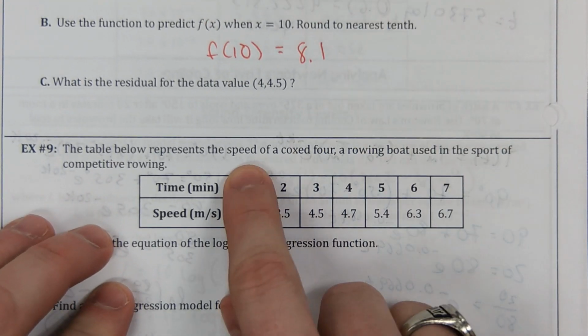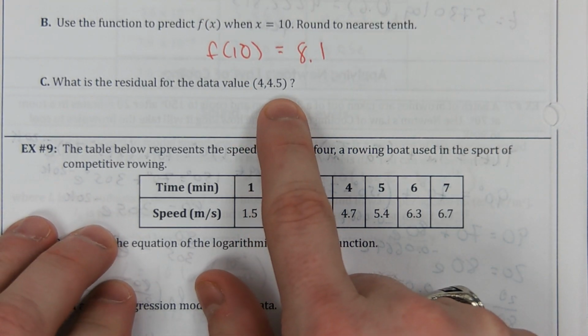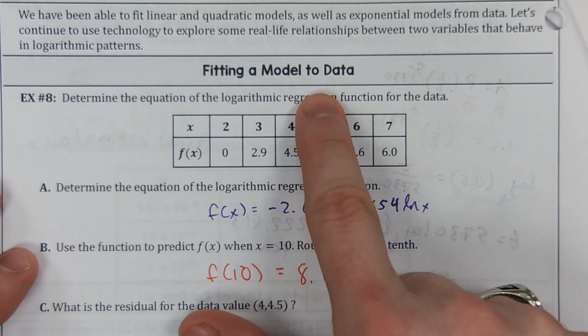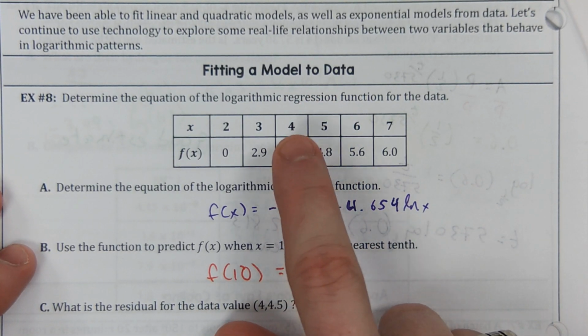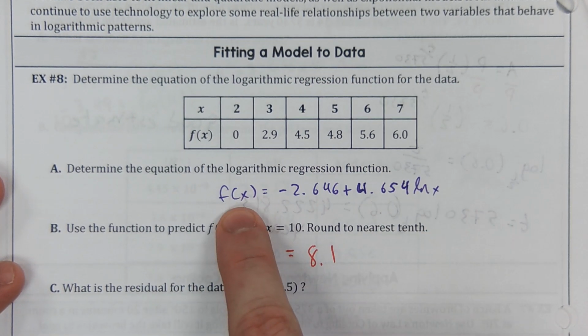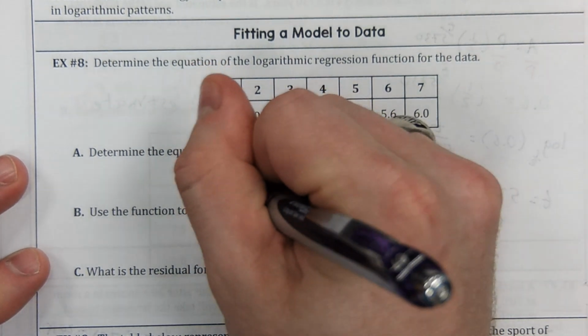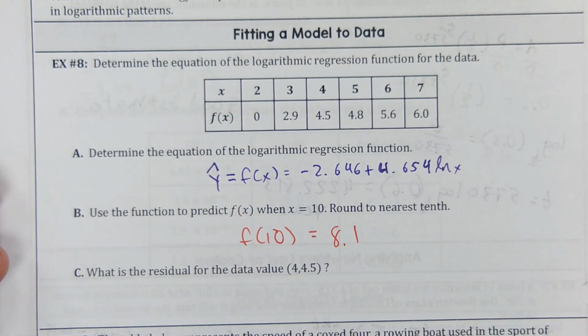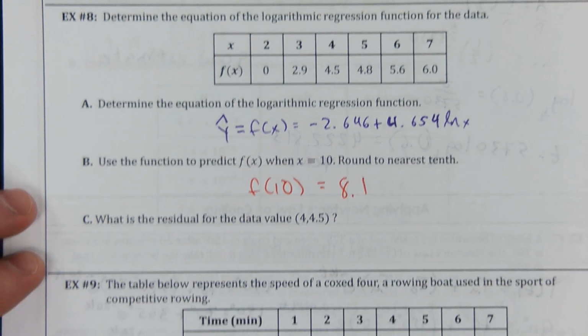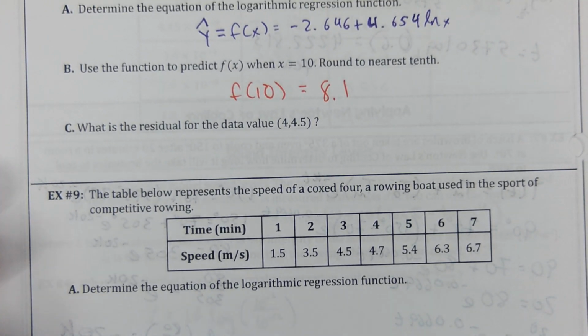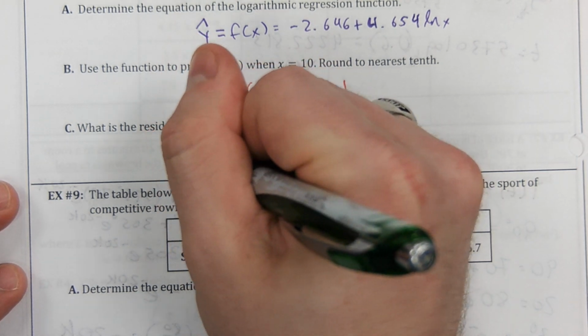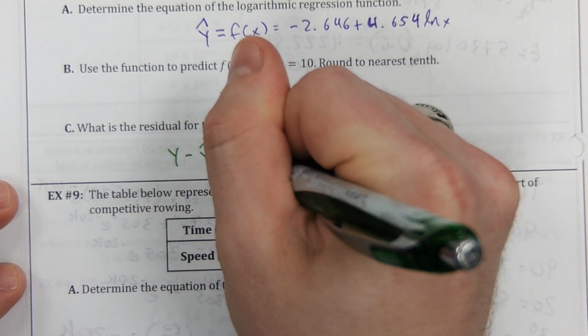This question says, what is the residual value for 4, 4.5? Okay, 4, 4.5. This 4.5 is the actual y value. This thing generates y hats. So maybe that'll help you remember it. Residual values are always calculated by saying real minus predicted.